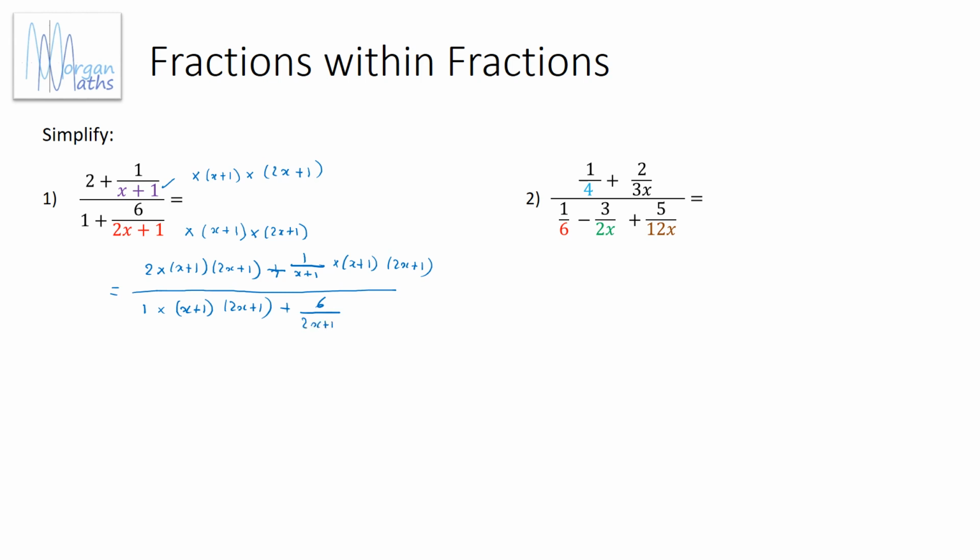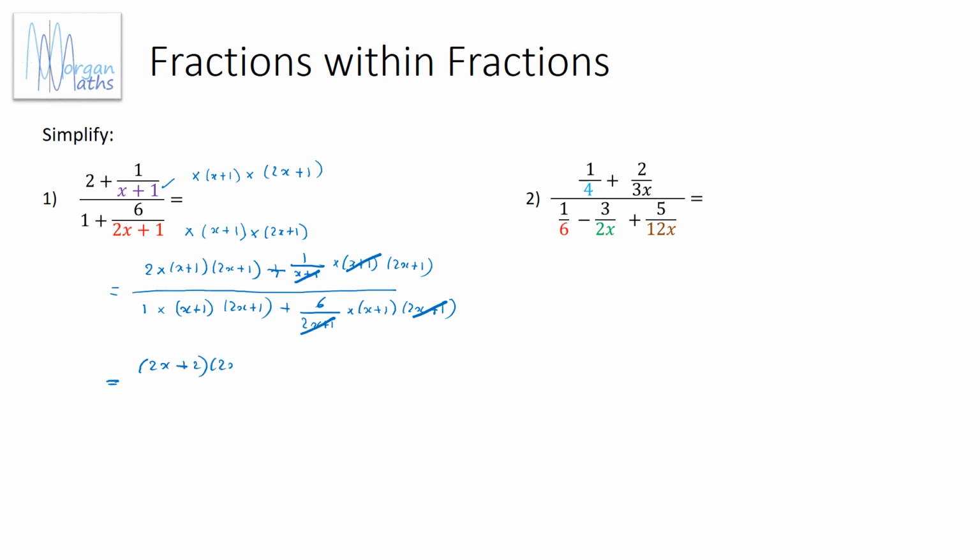What cancels here? Well, the denominator within the numerator is going to be cancelled. The denominator within the denominator is also going to be cancelled. And we're going to have an awful lot of brackets to open. So we are going to then have this 2 times x plus 1, so doing it in 2 steps. 2x plus 2 multiplied by 2x plus 1, and then we're going to multiply that by 1 times 2x plus 1.